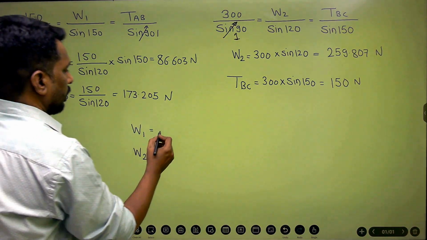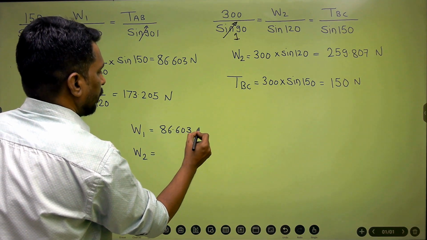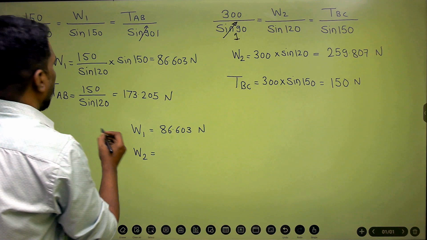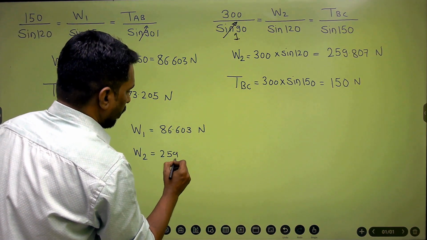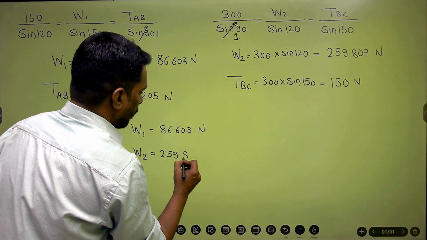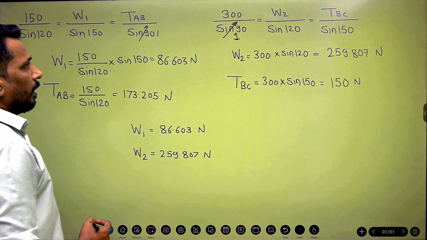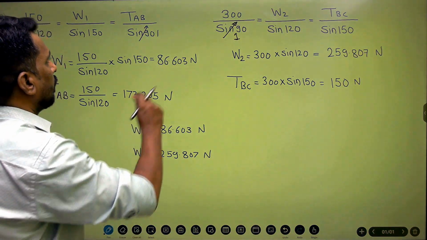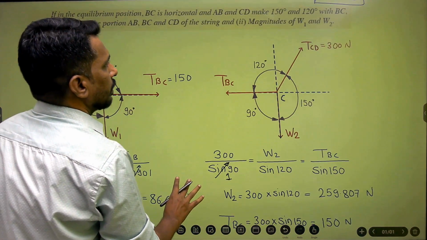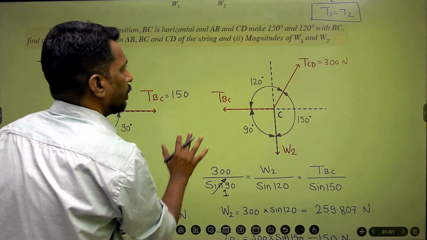So here now we have the values of W1 and W2. So W1 is 86.603 Newton. Then we have W2 which is 259.807 Newton. Then they ask for the tensile forces in each and every segment. So we started with the TCD, correct? TCD, which was the first value that we got, and TCD is equal to 300 Newton.